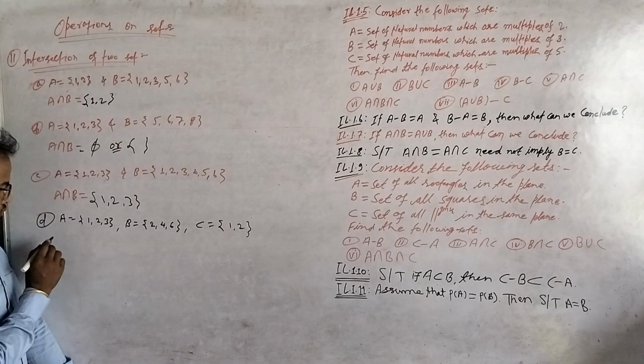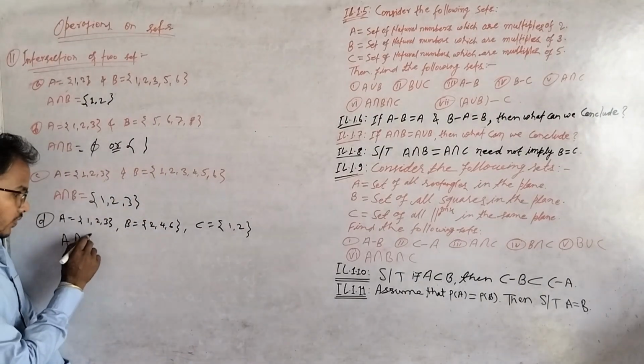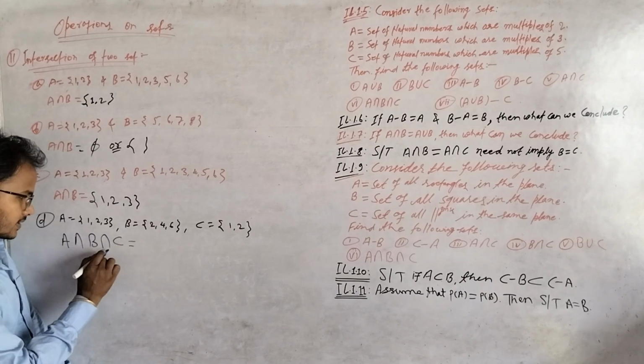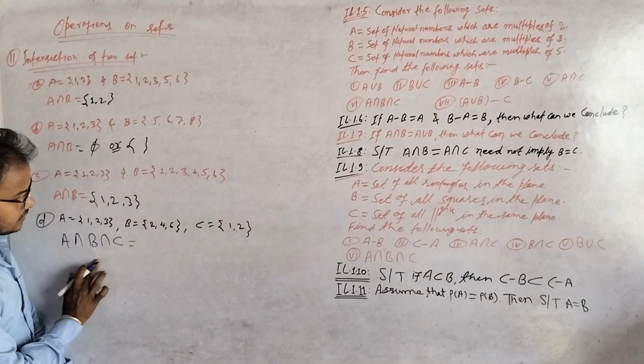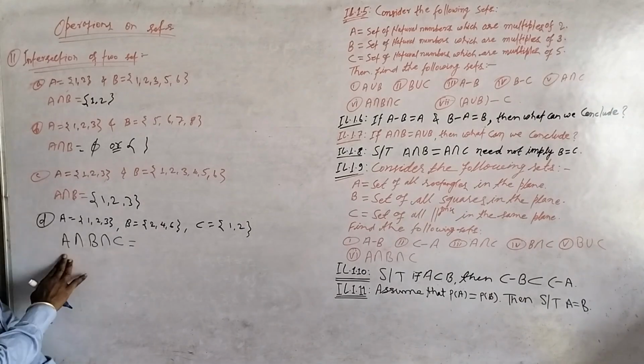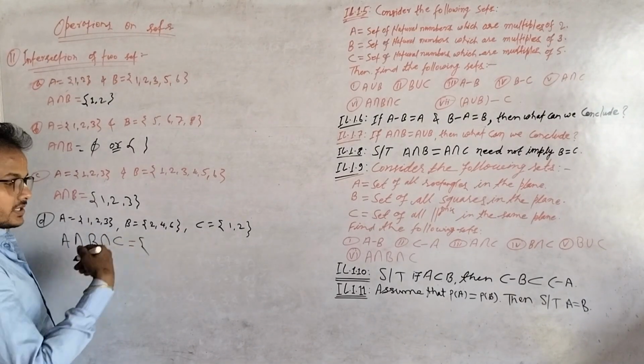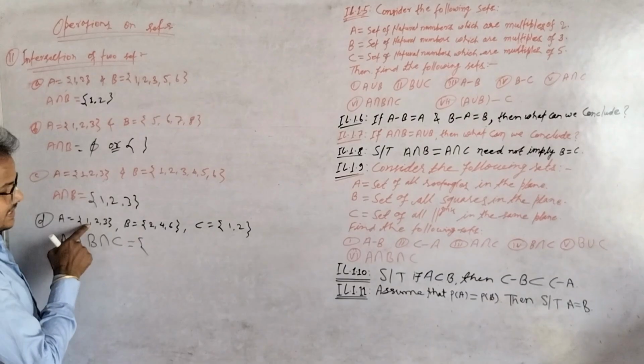Now how can we write A intersection B intersection C? That means we write those elements which are common in all three sets.